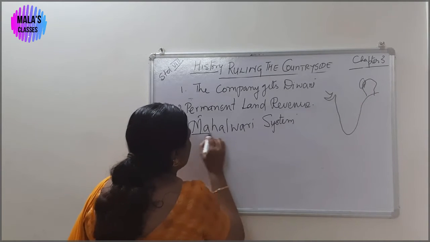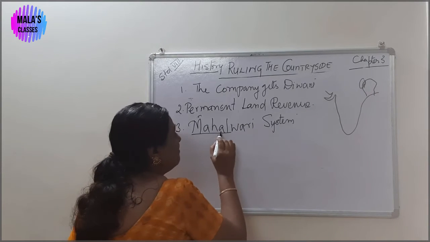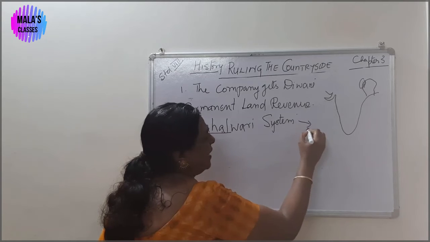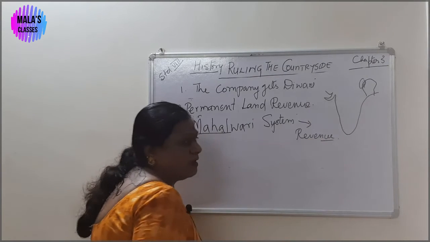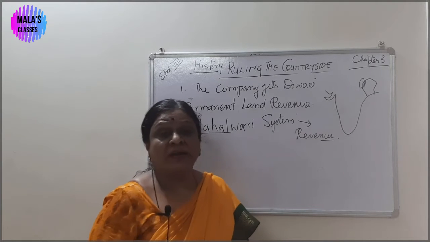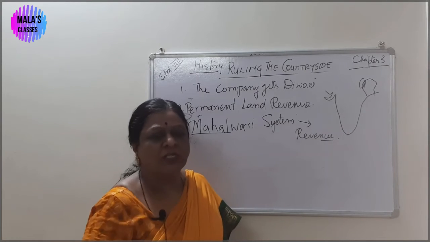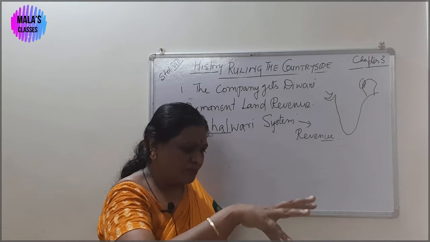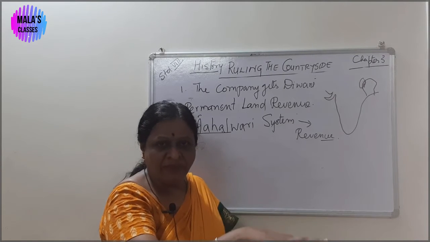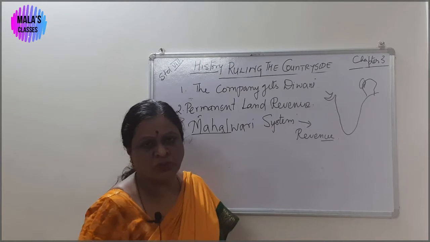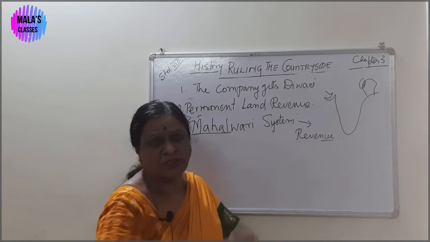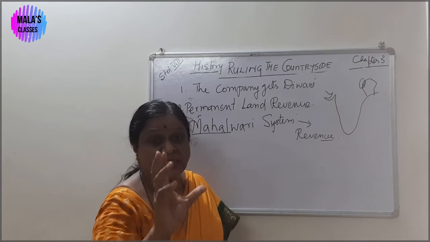Every village was called a Mahal, and every village had to pay revenue, fixed on a yearly basis. The land in any village was measured and the amount was told that the Mahals have to pay so much.